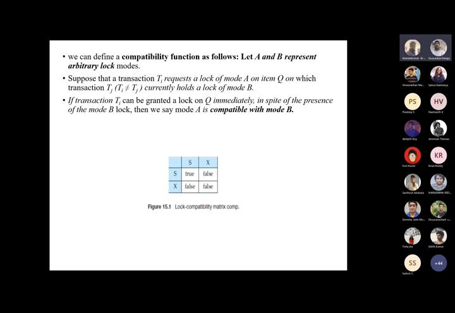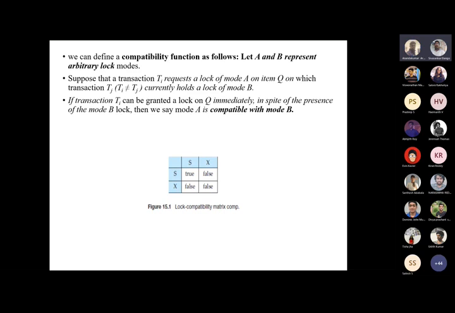Similarly, if one transaction holds an exclusive mode lock on data item capital Q, and another transaction requests either a shared mode lock or an exclusive mode lock on data item Q, it will not be granted until the first transaction runs to its completion.